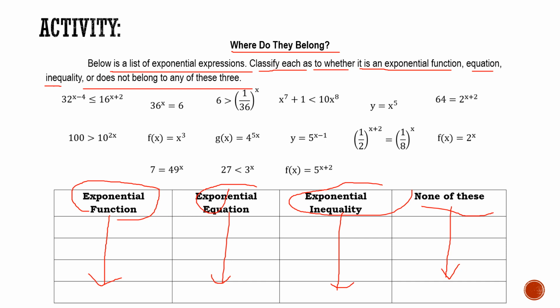What you need to do in this activity is only to classify the given exponential expression, whether they fall in your exponential function, exponential equation, exponential inequality, or none of these. Meaning to say, they did not fall between your exponential function, equation, and inequality.